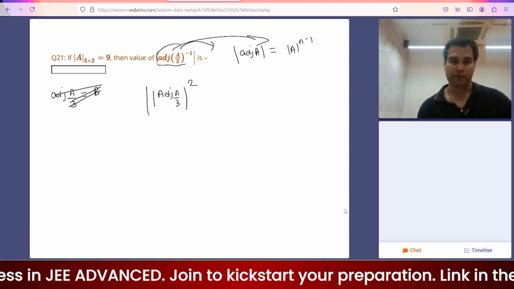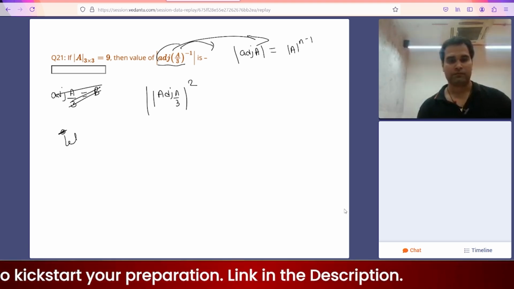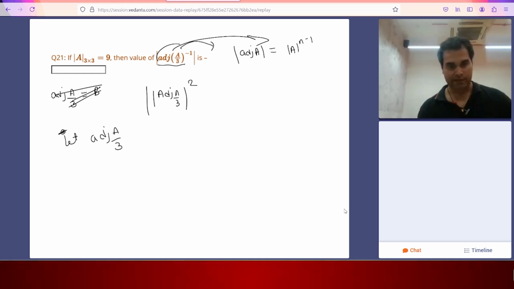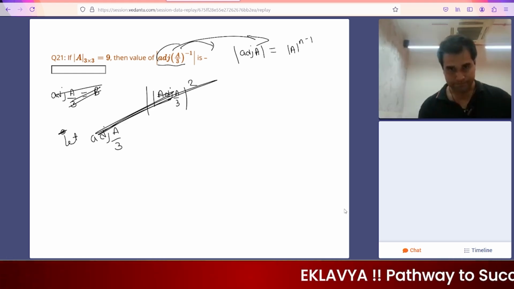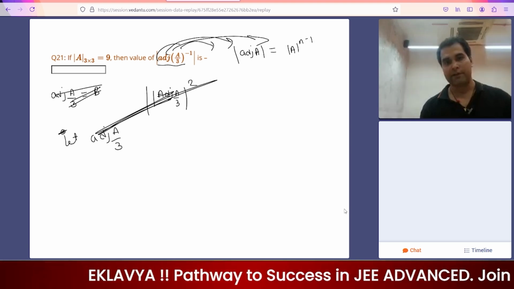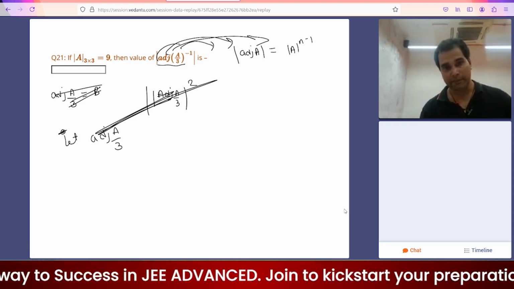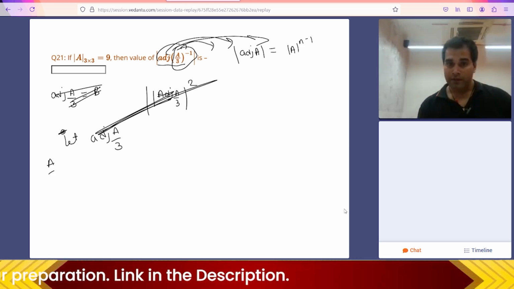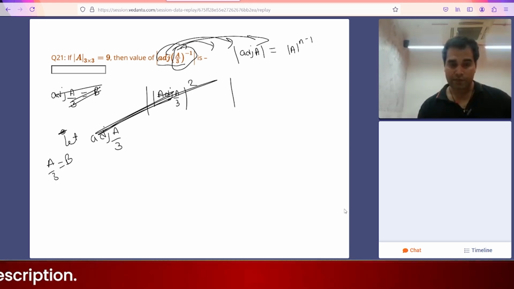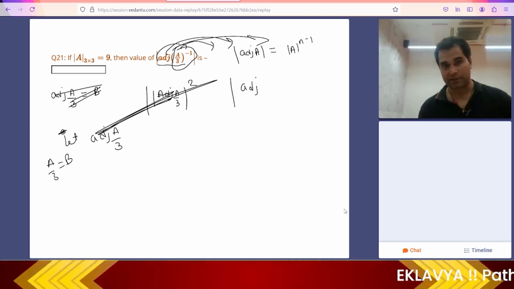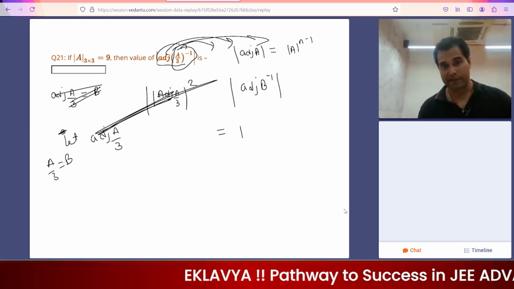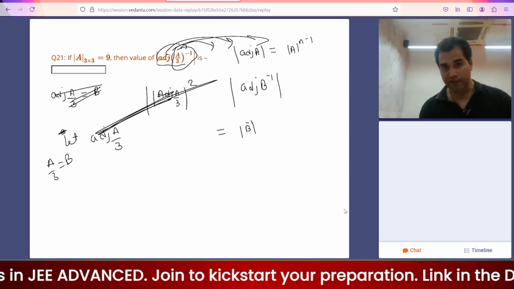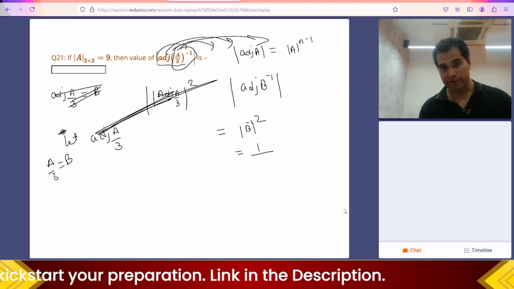By using this property, adjoint of A means A by 3 minus 1. Let A by 3 equal B. The question says the determinant of adjoint of B inverse, which means determinant of B to the power minus 1, 3 minus 1, that is 2.